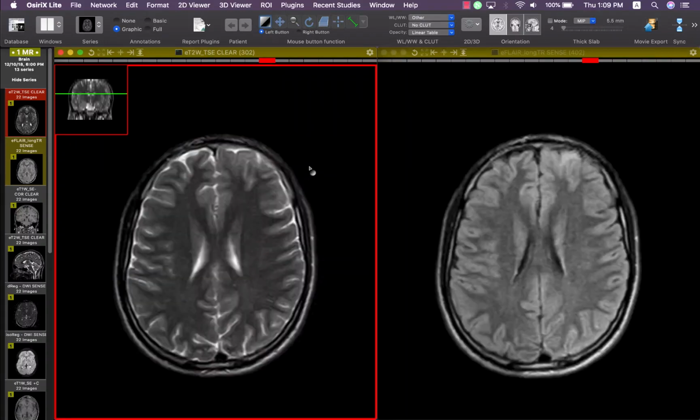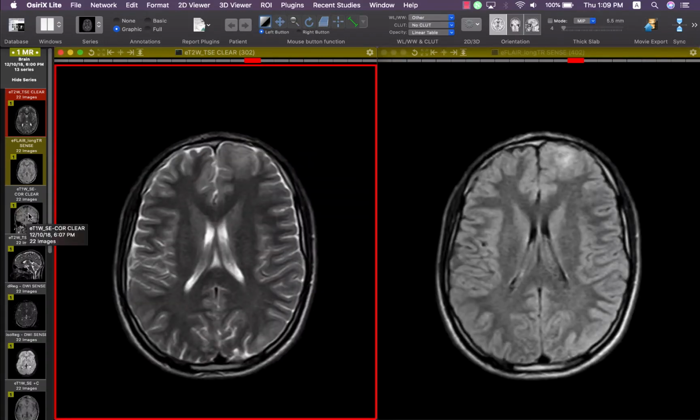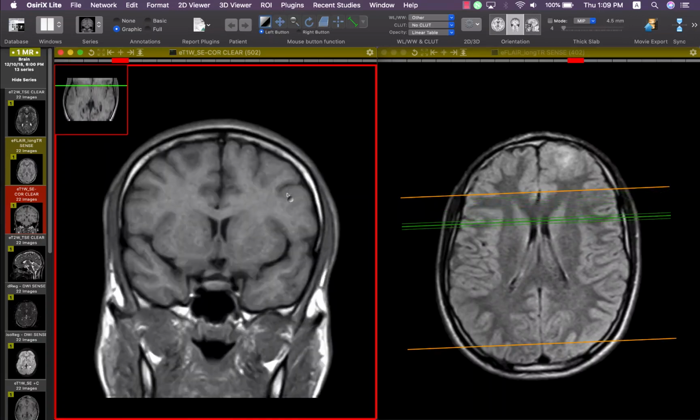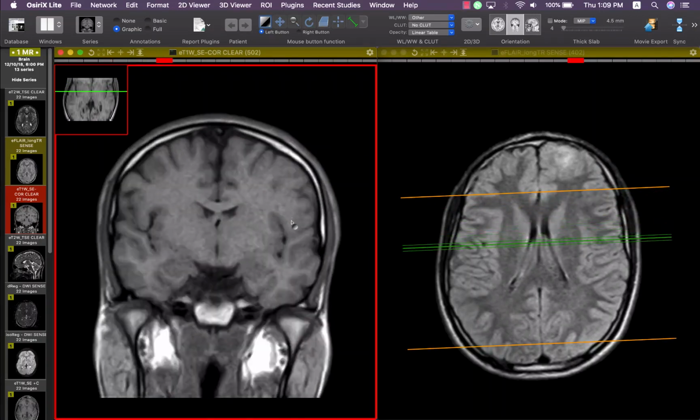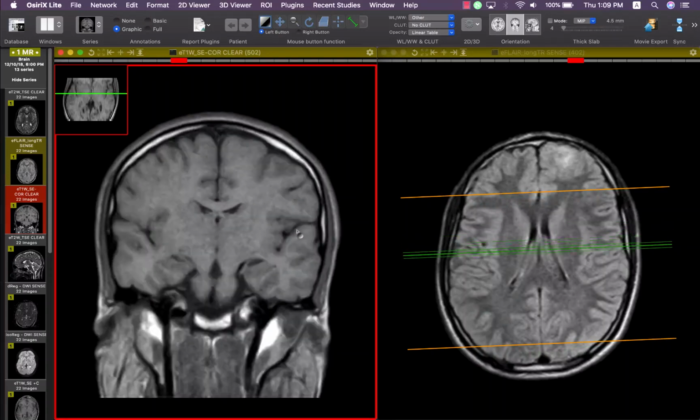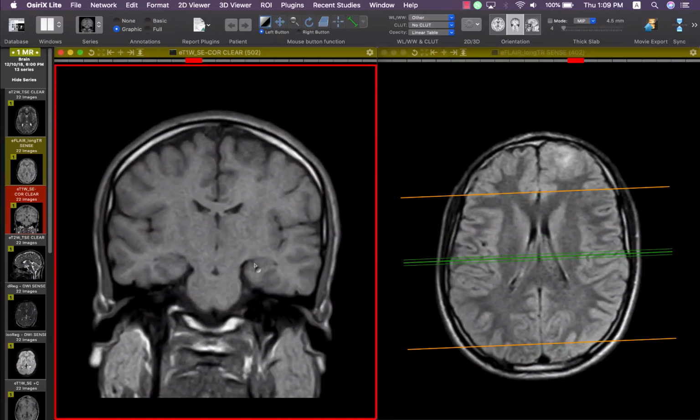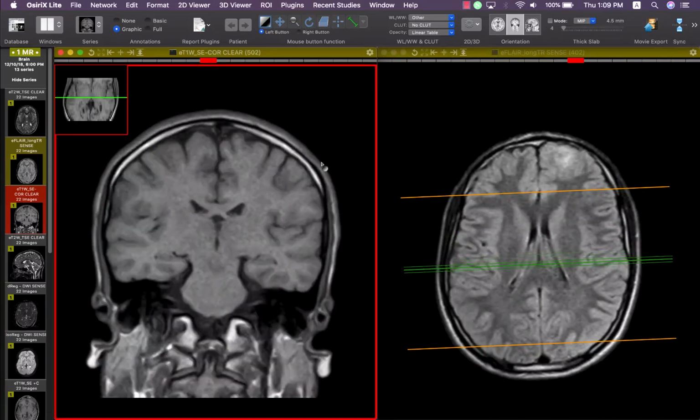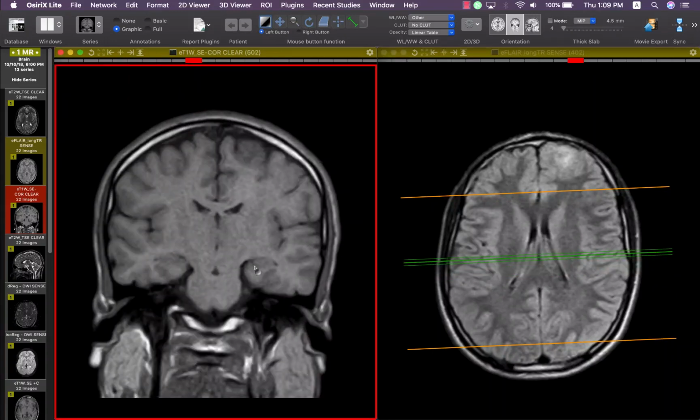In epilepsy, it is important to look at the temporal lobe. In coronal images, it is important to look for any lesion or abnormal signal compressing the hippocampus or affecting the temporal lobe.